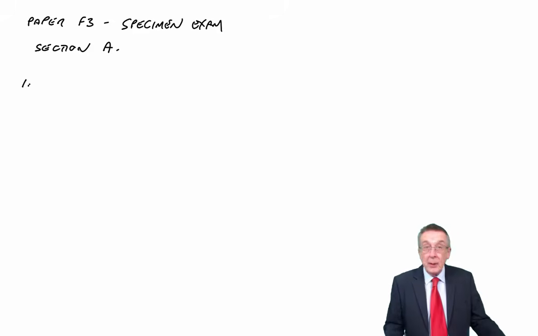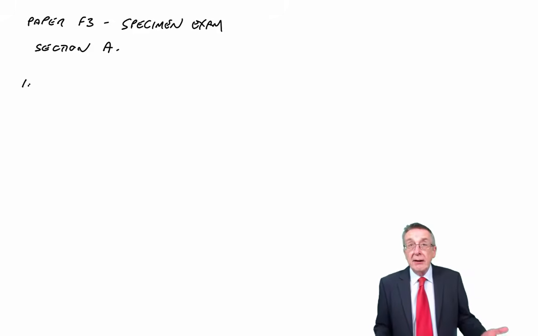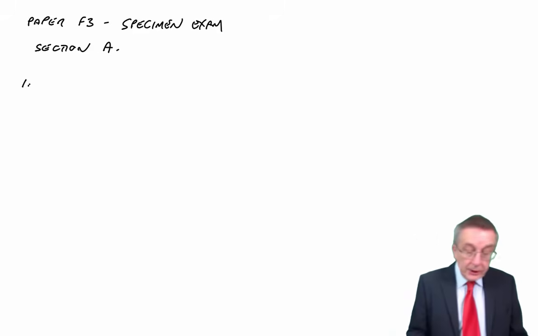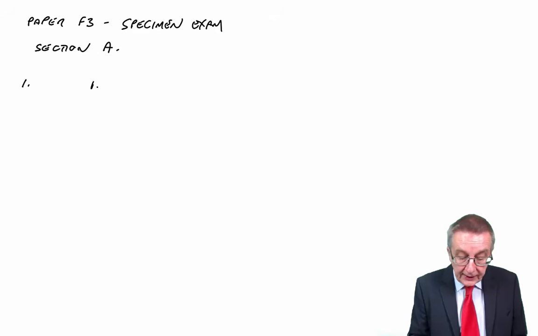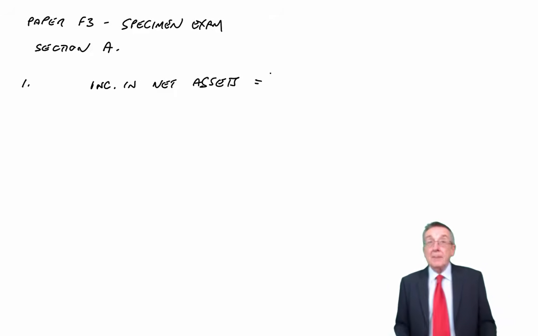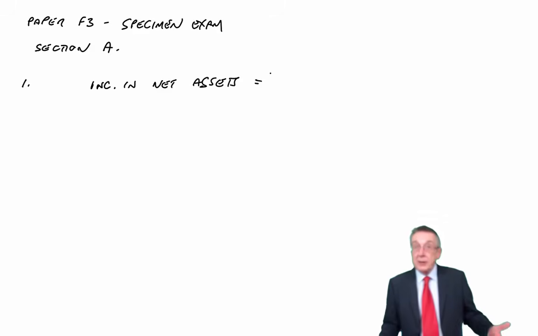Even a quick look at the choices, it should be very obvious this is testing you on the accounting equation. And you should have learned that the increase in net assets over a period, net assets only change for 3 reasons.